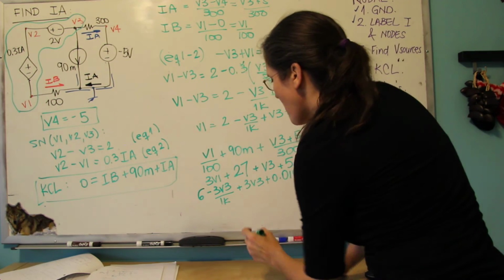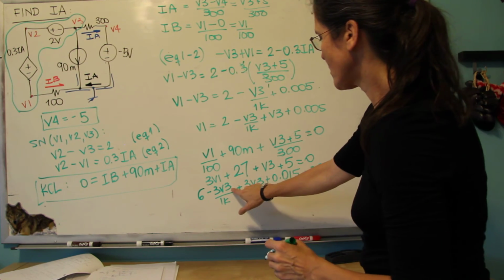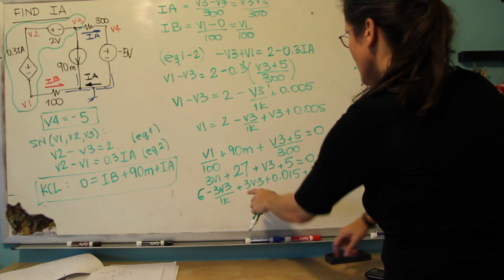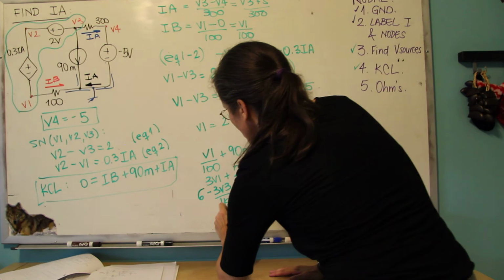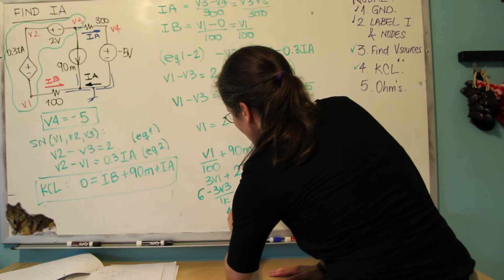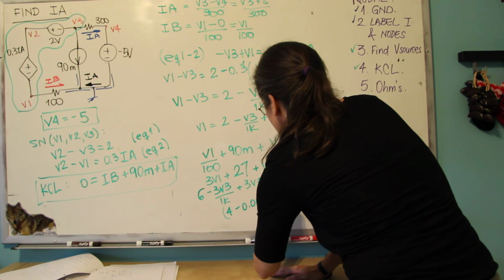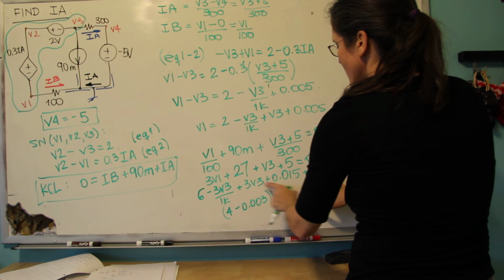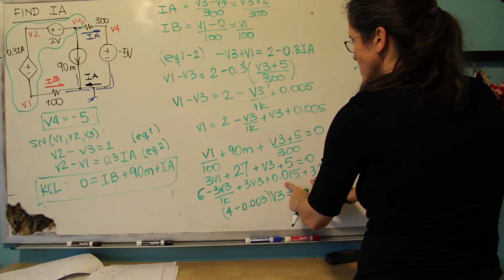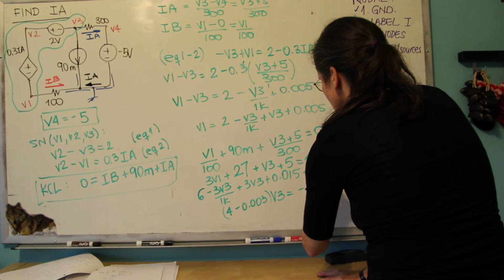So I'm gonna make all the V3s together here. There's 3 here, there's 1 here, so it's 4. And this is 0.003, so it's 4 minus 0.003 V3 equals, it's 32 plus 6 is 38 plus 0.15 is on this side minus 38.015.